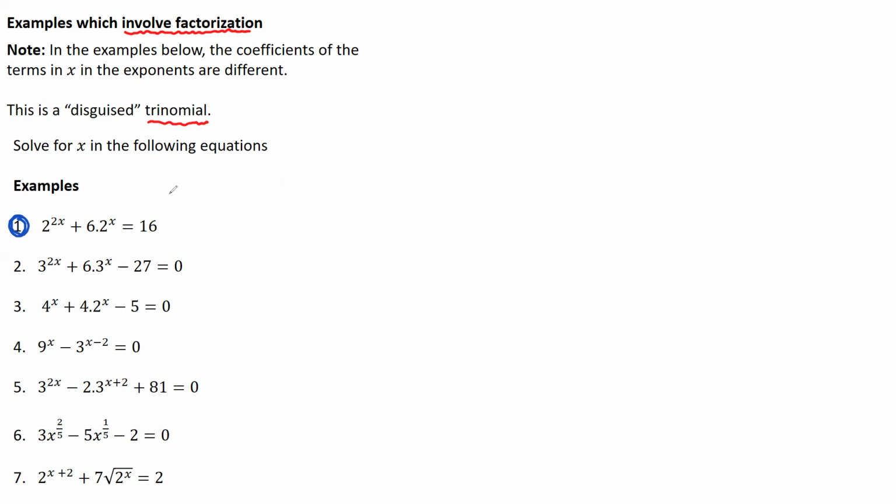Solve number 1: 2 to the power 2x plus 6 times 2 to the power x, all this is equal to 16. There was a time when somebody asked me, when do I use the K method?